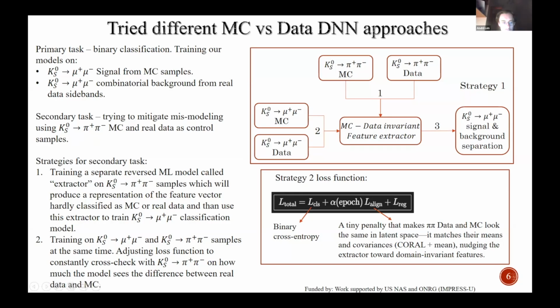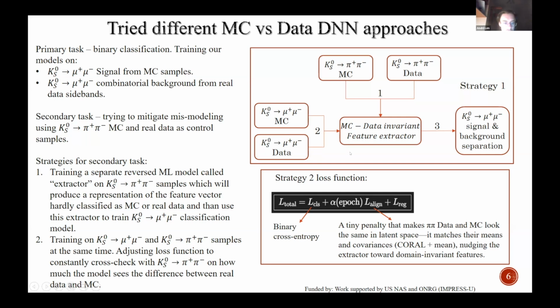For the secondary task, we developed two strategies. The first one, visualized here, is training a separate reversed machine learning model called Extractor on K-short to pi pi samples, which will produce a representation of the feature vector that is hard to classify as either simulated or real data. Then we can use this extractor to train the K-short to mu mu classification model.